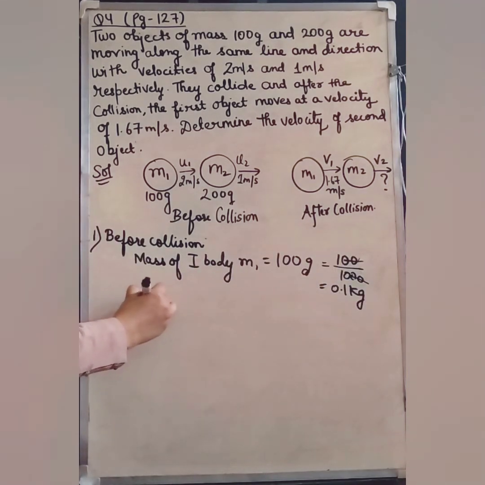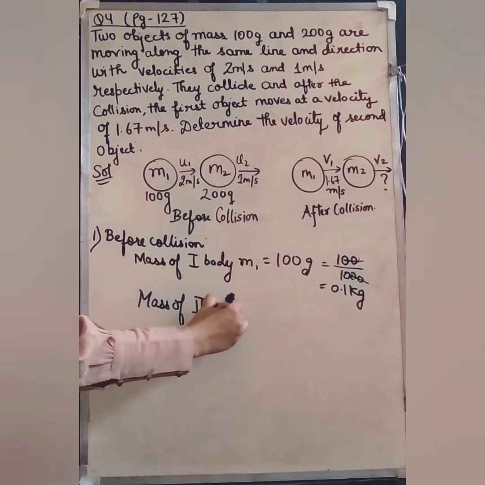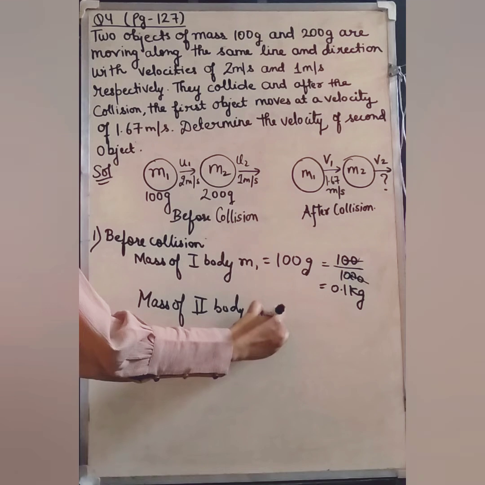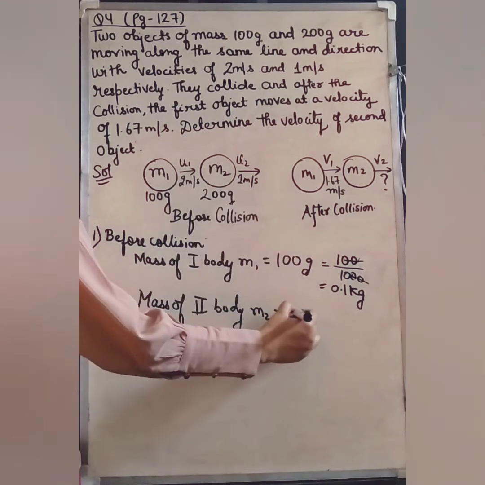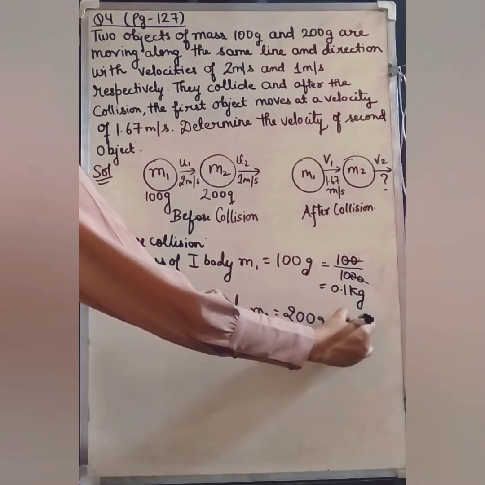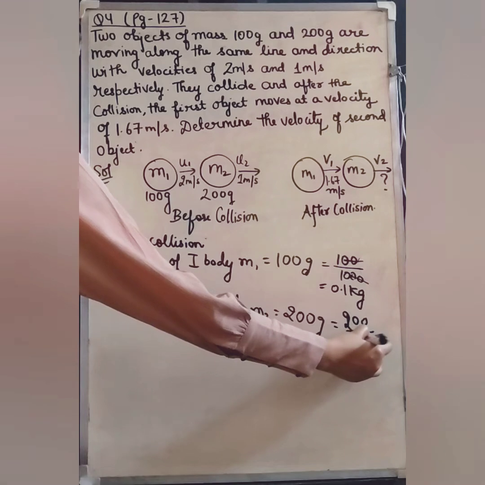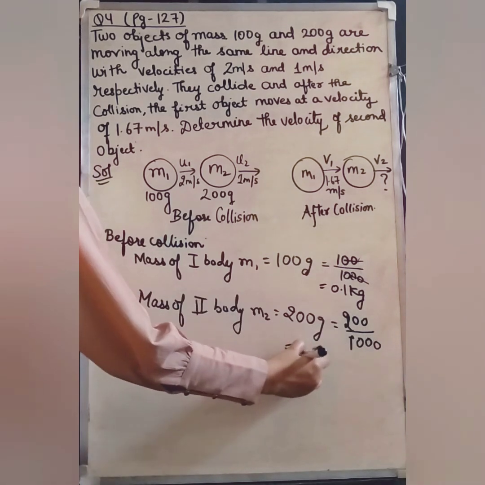Similarly, I will find the mass of the second body, which is m2 and it is given 200 grams. So 200 grams will again be divided by 1000 and it will come out to be 0.2 kg.